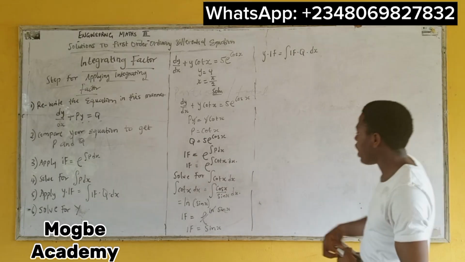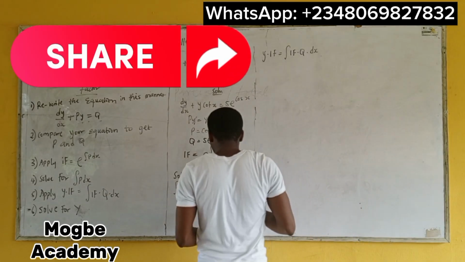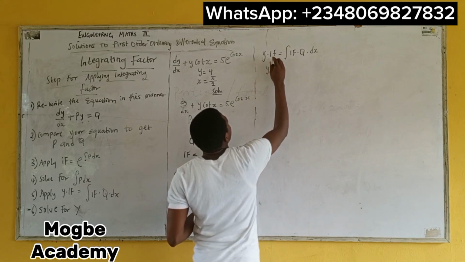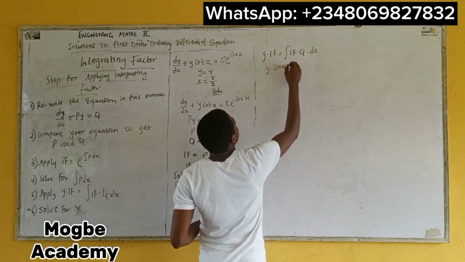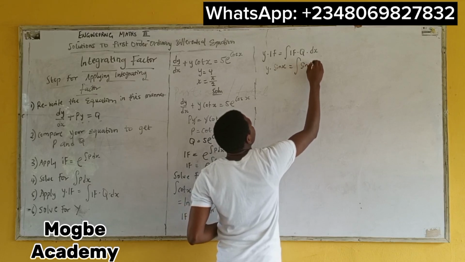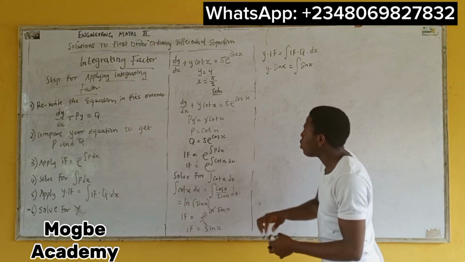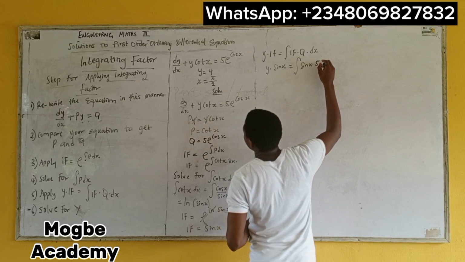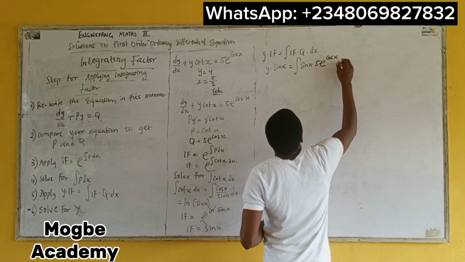Now, substituting what we've gotten into this equation, we have y, and our IF is sine x. So we have y sine x equal to the integral of sine x times q, and our q is 5 e^(cos x), dx.